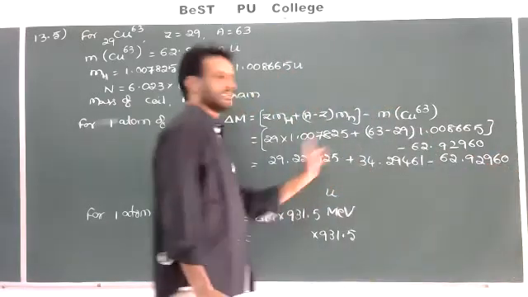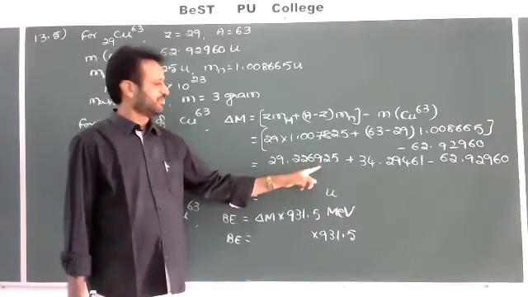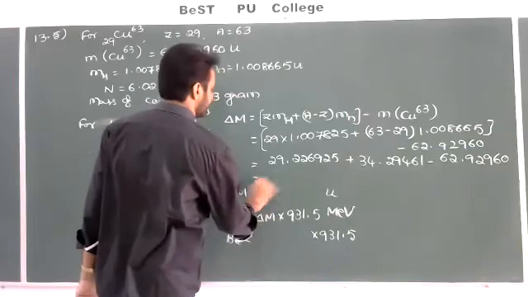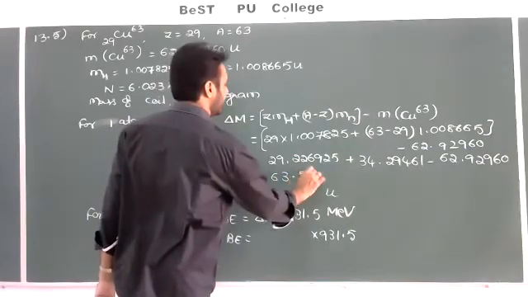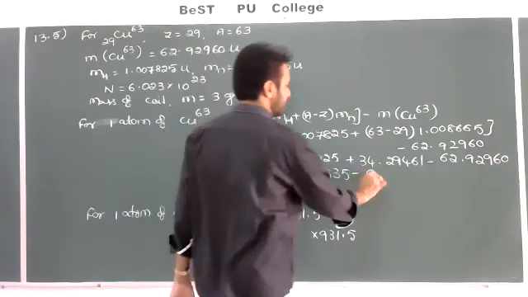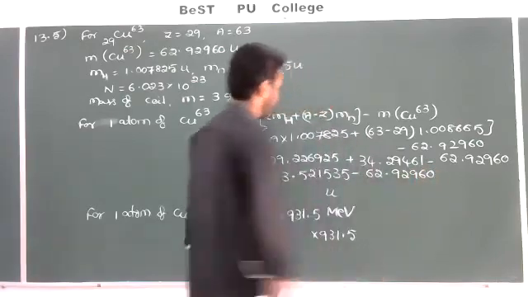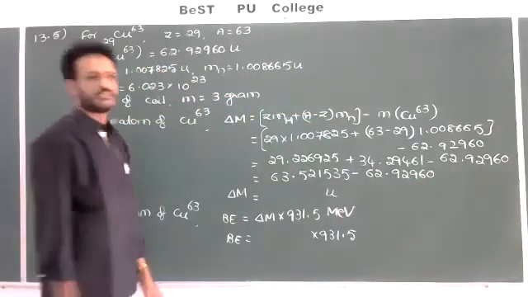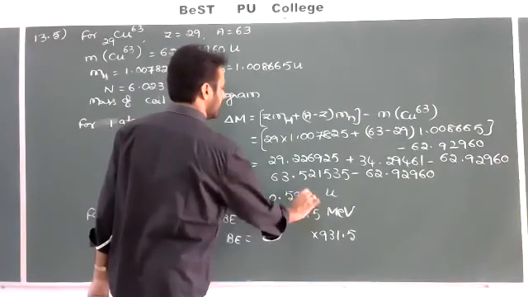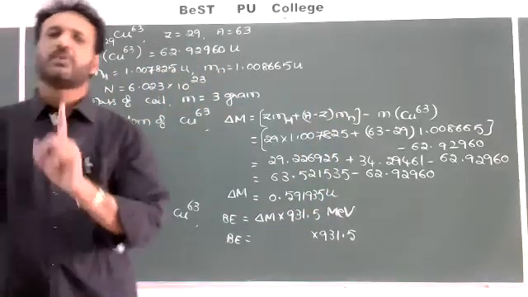Now add the two numbers: 29.226925 plus this value gives 63.521535, minus 62.92960. Now subtract, and we get 0.591935. That is the mass defect per one atom.